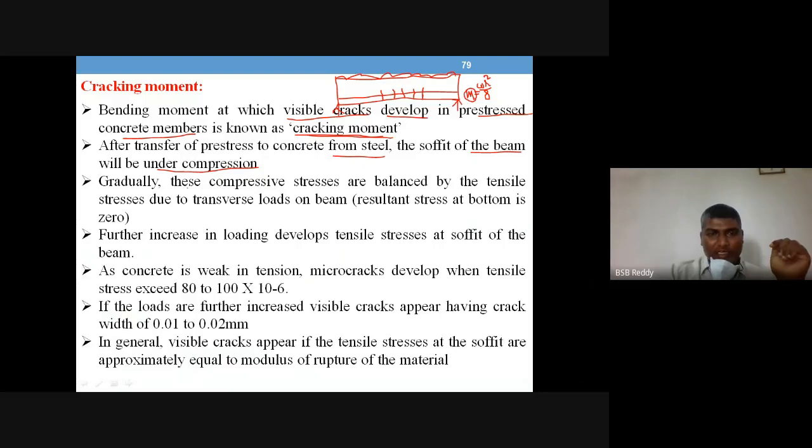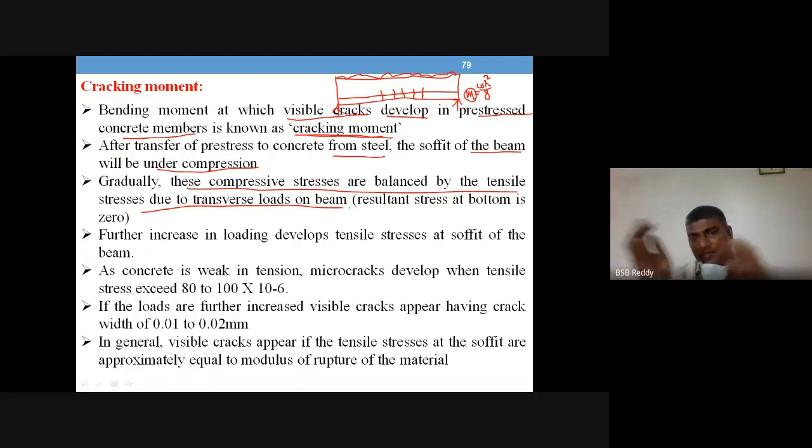Gradually, these compressive stresses are balanced by the tensile stresses due to transverse loads on the beam. When the pre-stressing stage is over, we take the member to the structure and place it in the structure. Then it starts taking the load, its self weight, live load, all that.